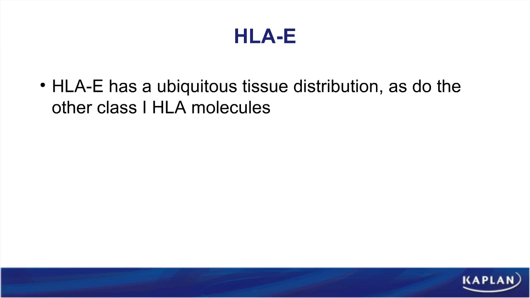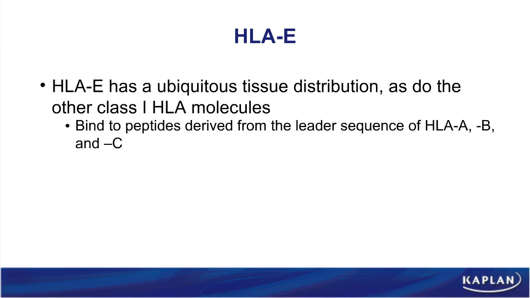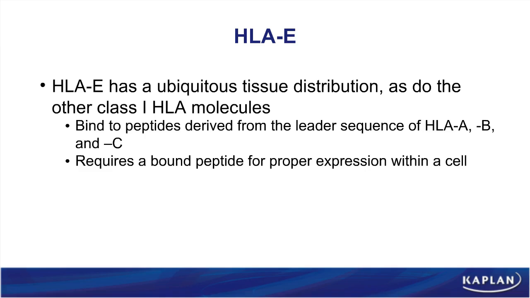HLA-E is similar to the other class 1 molecules in that it has a ubiquitous distribution in the tissue. The HLA-E molecules bind to peptides that are derived from the leader sequences from your class 1 molecules, so HLA-A, B, and C. HLA-E requires that bound peptide for proper expression within a cell.